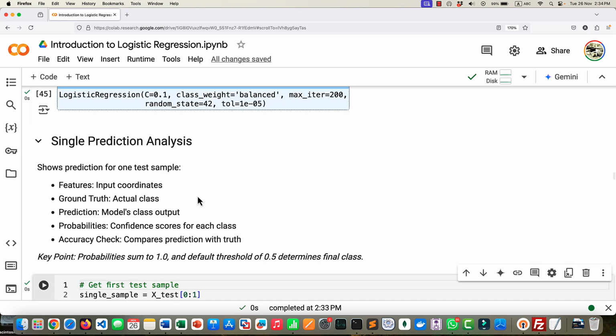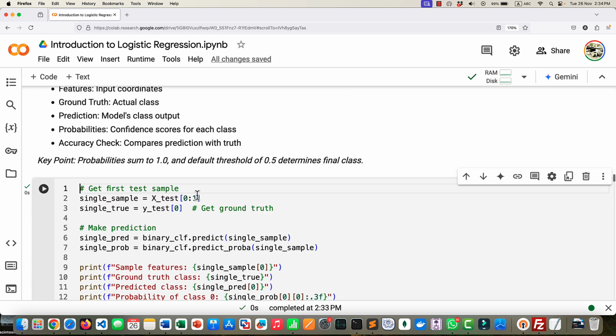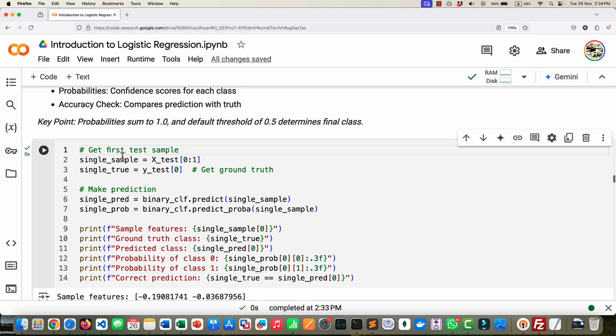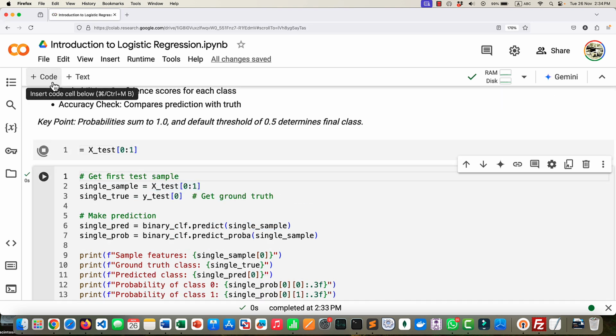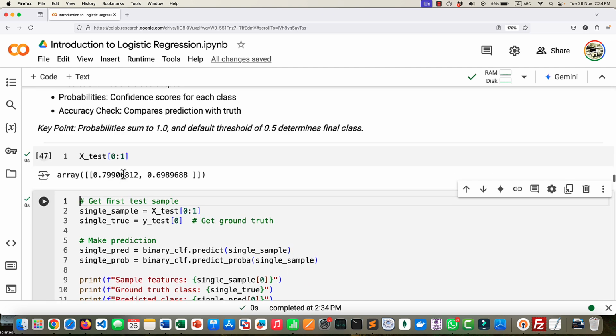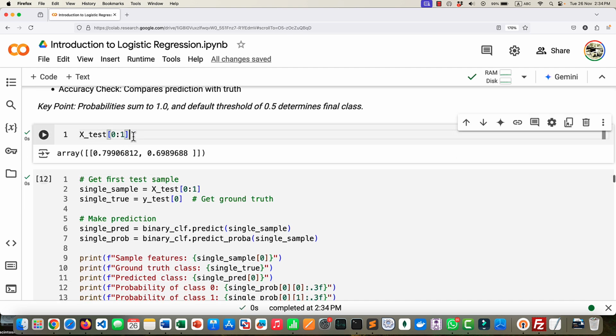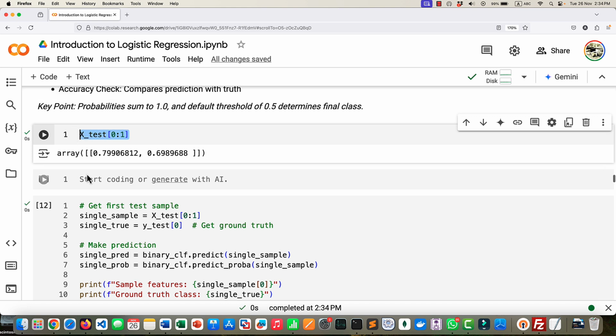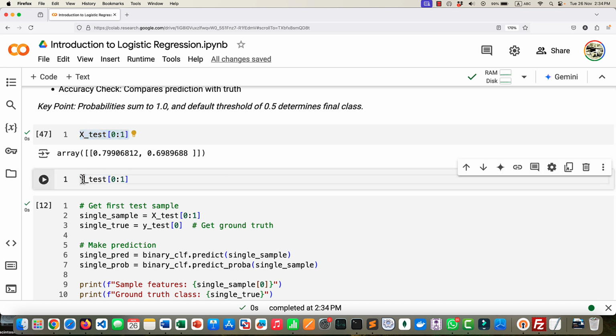Now, after doing that, we have a model and we want to test and evaluate it. We can make simple predictions. You can take one value from the test sample, X test. This is my input from the X test, and this is the ground truth, which I can get from y test.